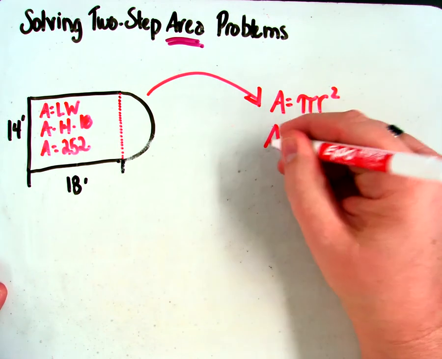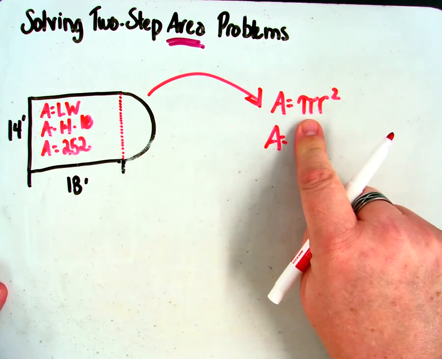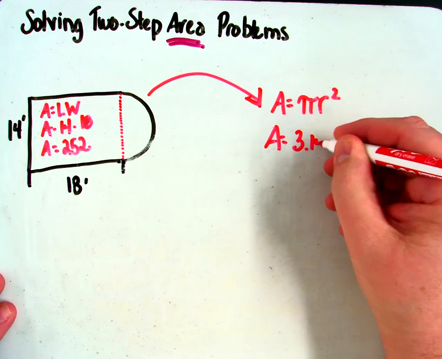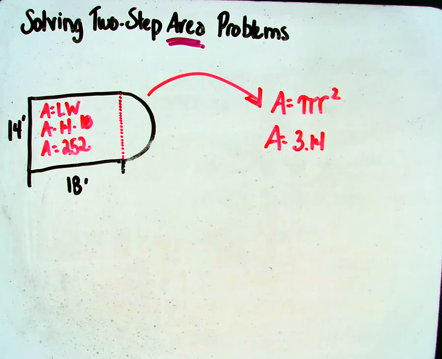Okay, now, what did we say pi was equal to? 3.14. Okay, let's use that. What else is it equal to, Cheyenne? Yes? 22/7, or what would it be equal to as a mixed number? No. 3 1/7.